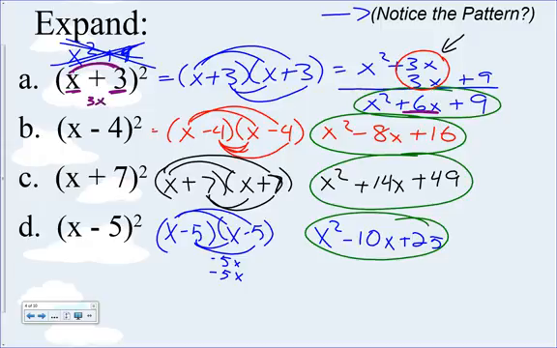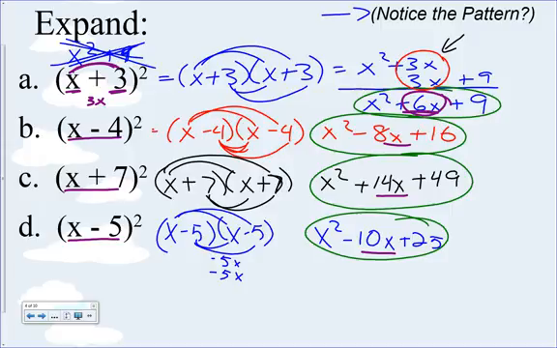Then I double it to get 6x. If you look at all three of them, that's the case. I have negative 4x doubled, 7x doubled, negative 5x doubled. Okay? So multiply the two terms and then double it.